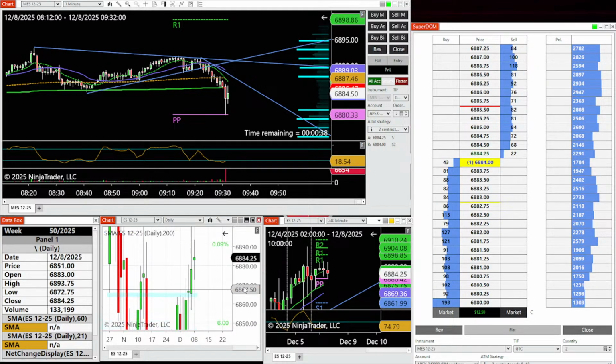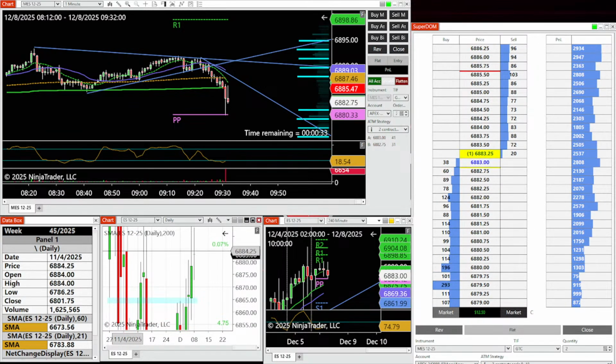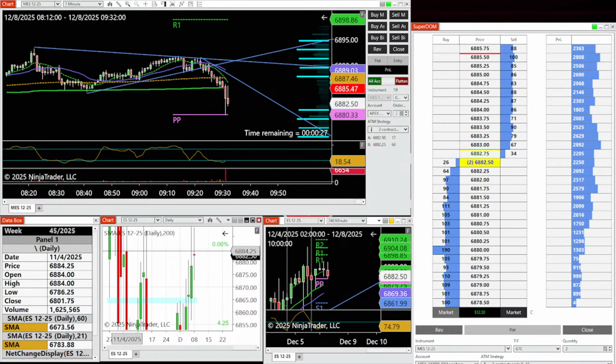So 84 is here. We're right up against this level, this close, this open, 84 at this red ball. Keep touching that and then getting rejected, bouncing off, getting rejected off this 84 level.